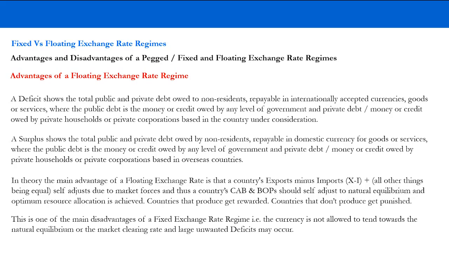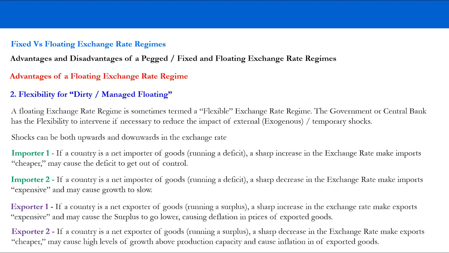So the United States had a fixed US dollar peg to gold, and over a number of years, they managed to create a large and unwanted deficit. Okay, so balance of payments self-adjustment is widely seen as one of the advantages of a floating exchange rate regime.